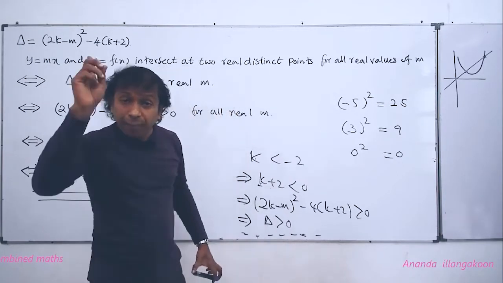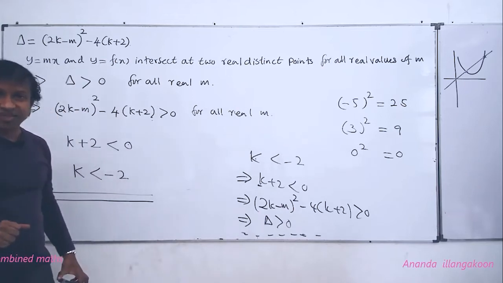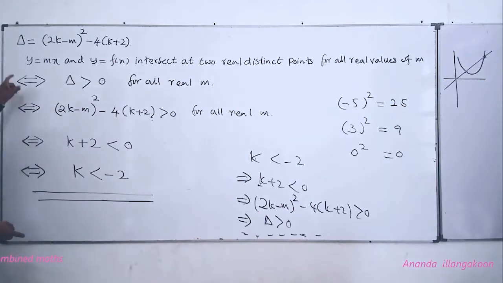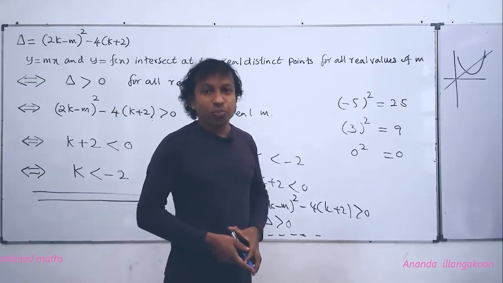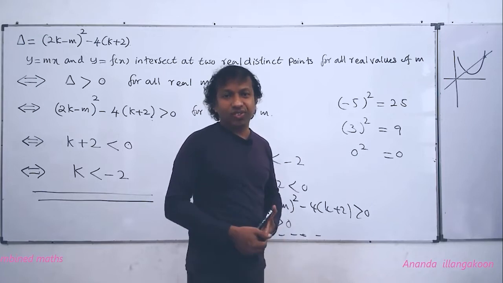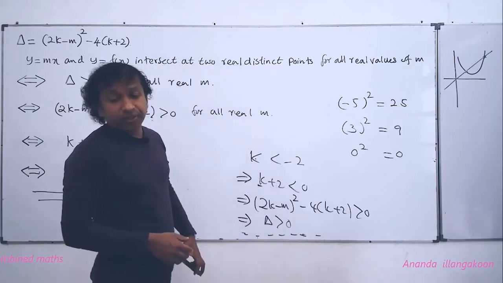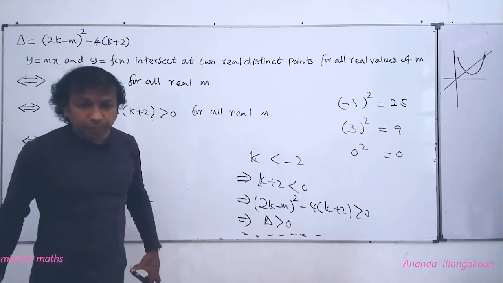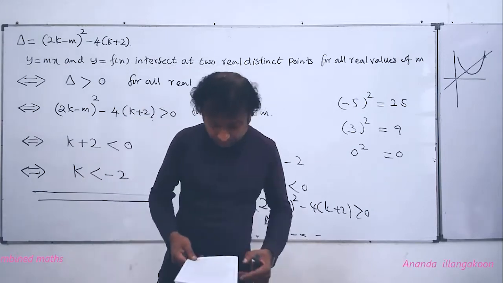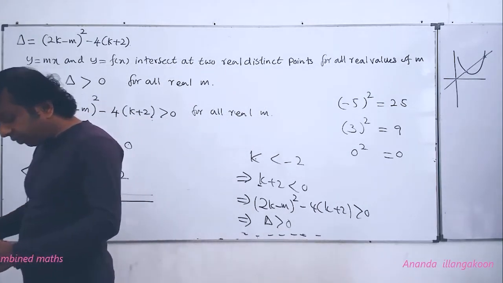For the backward proof, you get 5 marks, because you only have to put these arrows. Just for putting the arrows we get 5 marks. So that is how we complete the if and only if proof. Understood? That's how we prove that part. Okay, that's the end of that question.